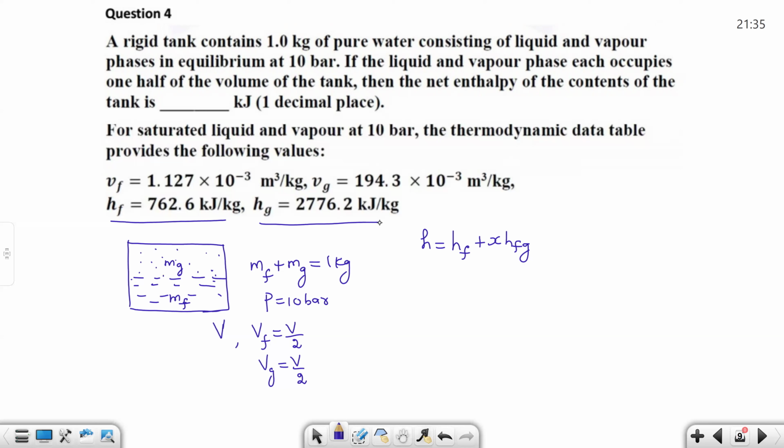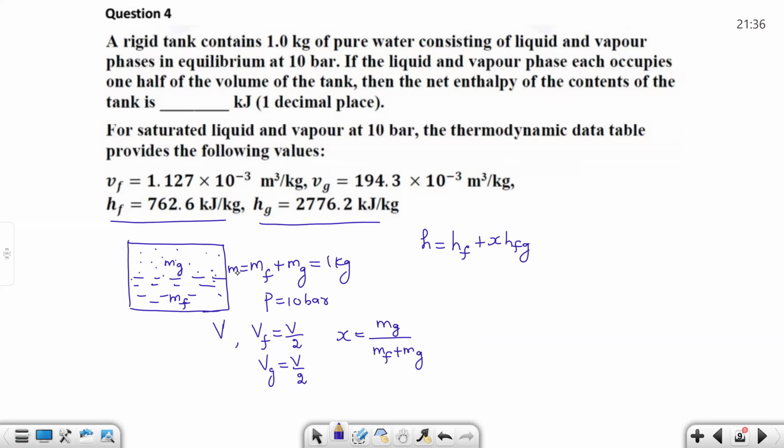So how do you calculate x? x will be nothing but mass of gas by mass of fluid plus mass of gas. This is the total mass, 1 kg.